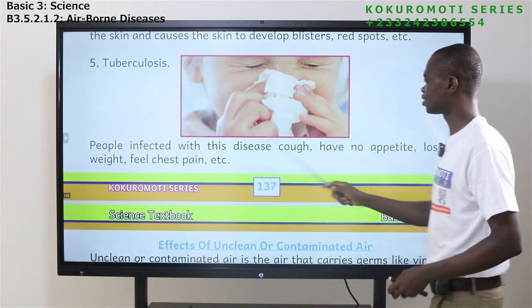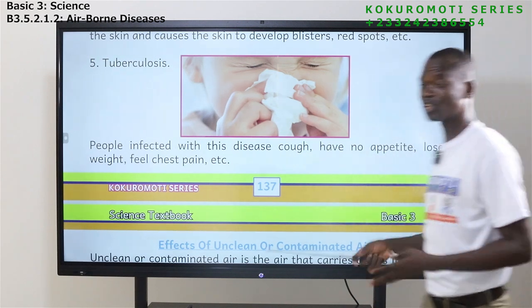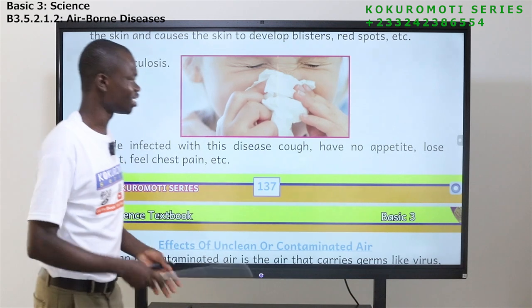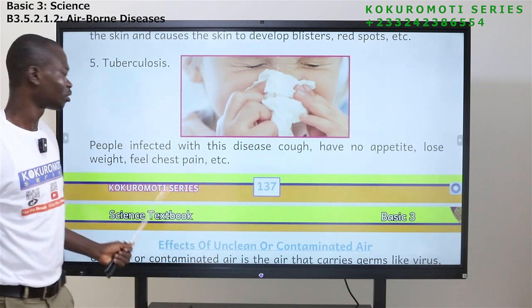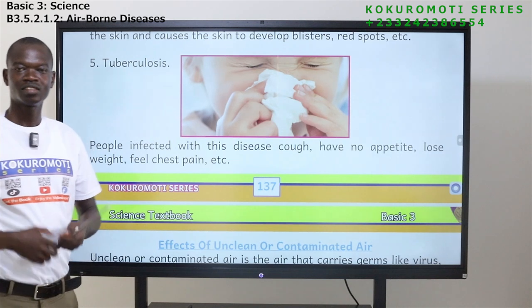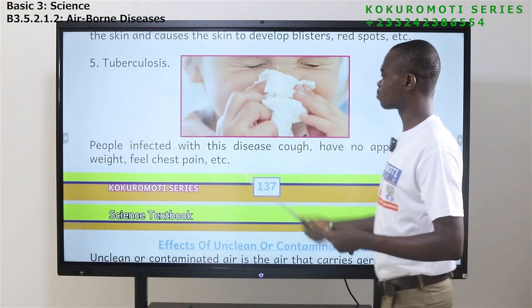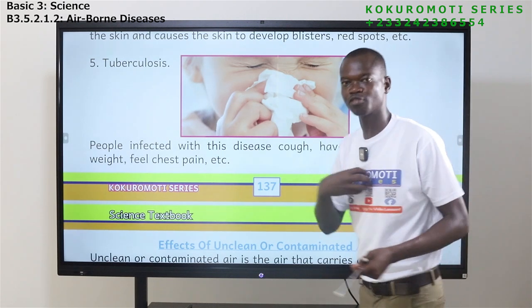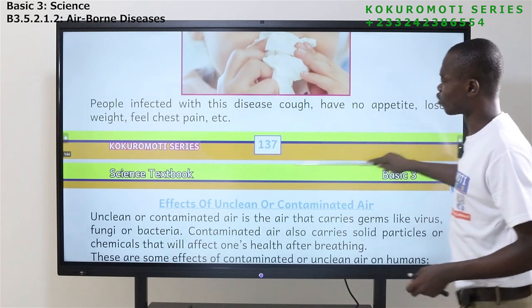People infected with this disease cough and have no appetite. In fact, if you give them food, they'll look at the food and tell you to take the food away. They will not be able to eat. They also lose weight because they are not able to eat. They feel chest pain. They'll be coughing, and because of that, they'll feel pains in the chest. So this is TB for you.